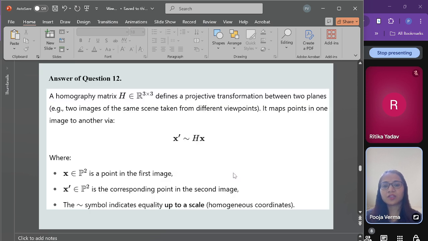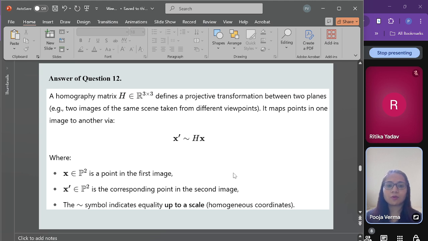So the answer to this question is: a homography matrix H, belonging to a real space, defines a projective transformation between two planes. For example, two images of the same scene taken from different viewpoints.